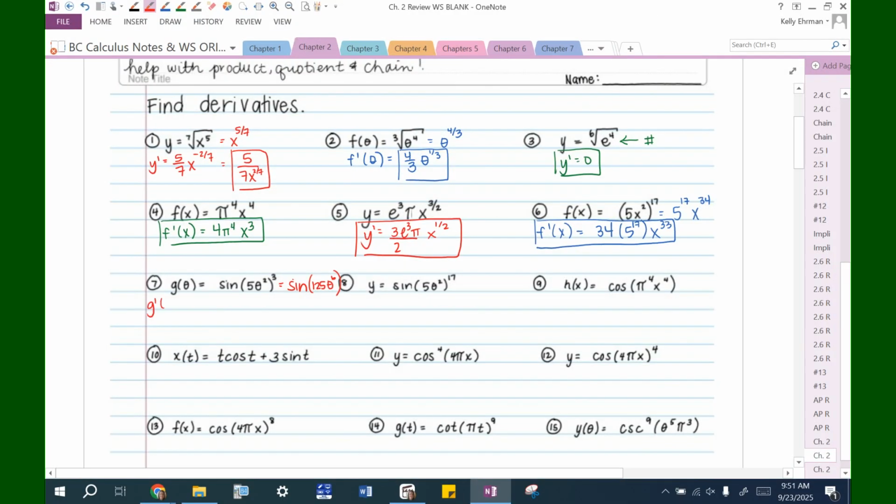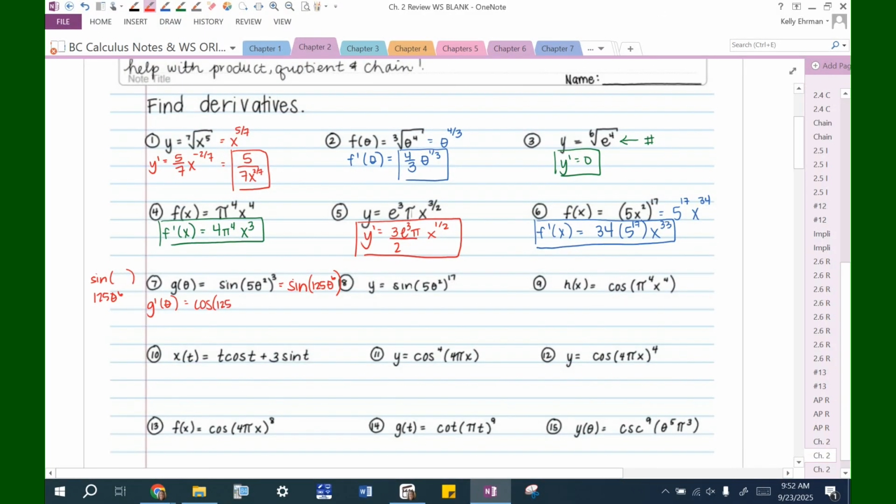So g prime. I do still need to do chain rule here, but not as much chain rule as I would have to for the original. So the outer function here is sine of something, and then we have 125 theta to the 6th. So g prime of theta, the derivative of sine is cosine. And it's not just theta in here, it's the expression.